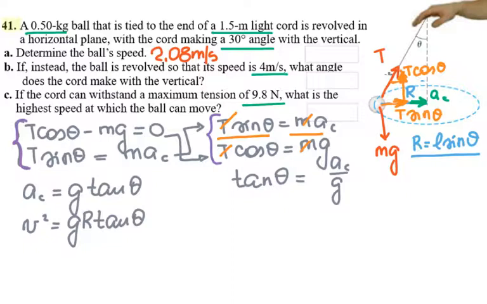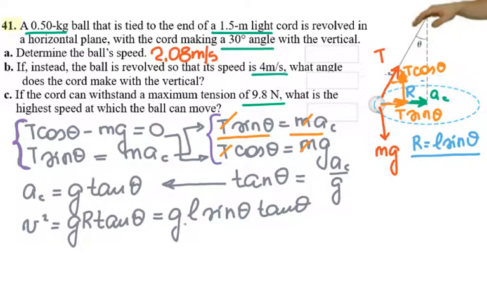I erased the work where we found the velocity, and I just rewrote this equation as a_c is equal to g times tangent theta, and that is equal to g R tangent theta, and that gives me g L sine theta instead of R, and tangent theta.